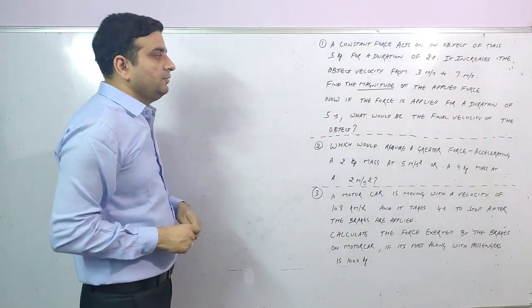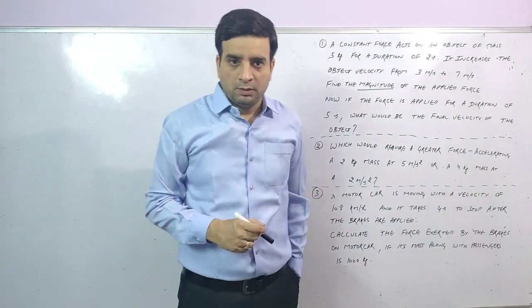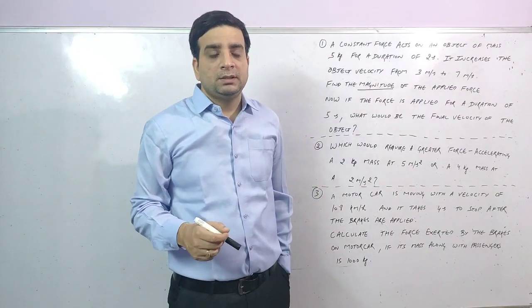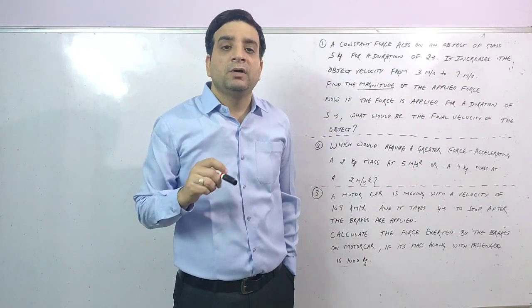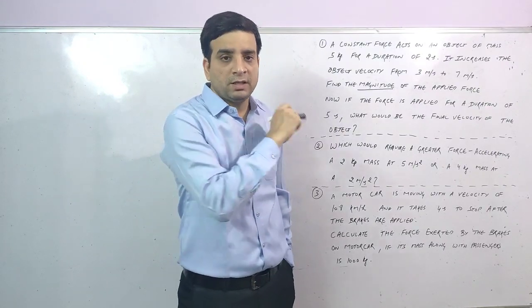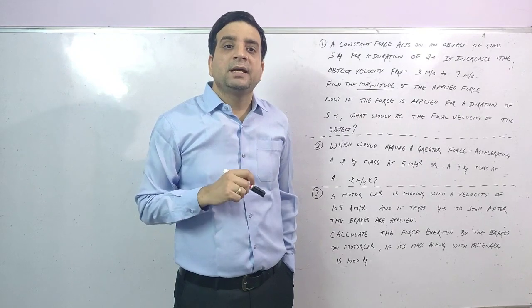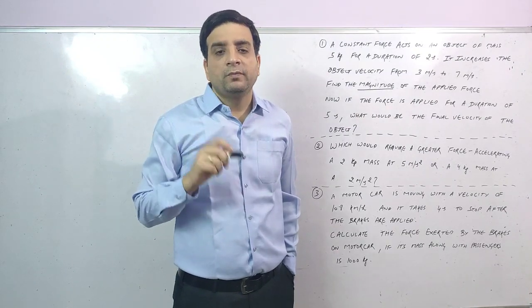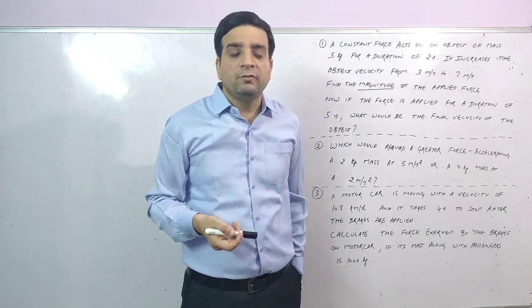So we will start with the first numerical. Whenever you are solving a numerical, you can adopt a method. First, find out from the given statement what is given in the numerical. Then second, find out what is the requirement of the numerical, what we have to find out.